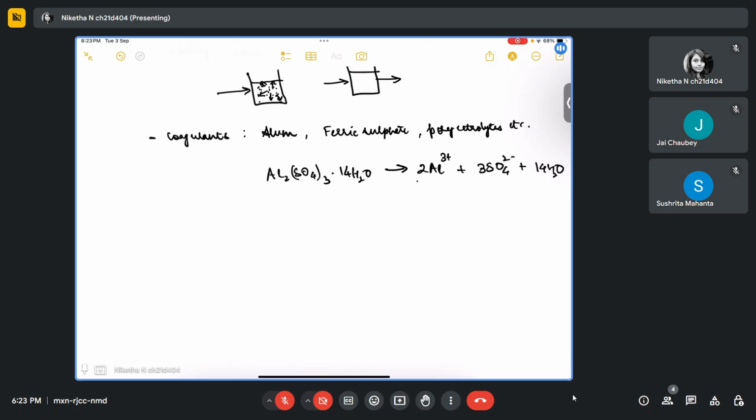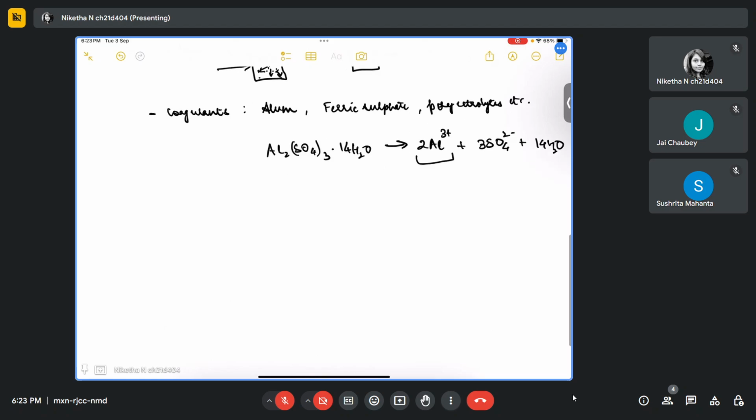So this Al3+ compound will only make the particles coagulate together and stick together. So aluminium 3+ and colloids. This will help in neutralizing the charge.